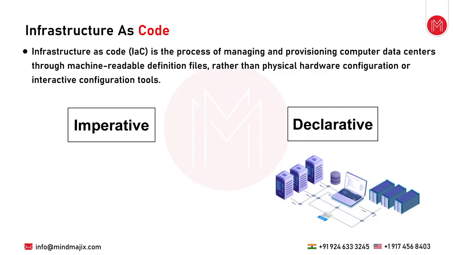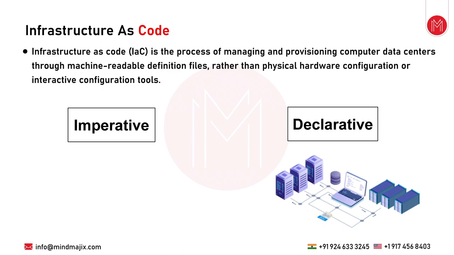Now you must be wondering, how does infrastructure as code work? As far as infrastructure as code tools are concerned, there are basically two categories here. The first category is that of imperative, and the second category is that of declarative. What happens in the imperative approach? Here you give orders to the tool. You define a sequence of commands or instructions so that the infrastructure can reach the final results.